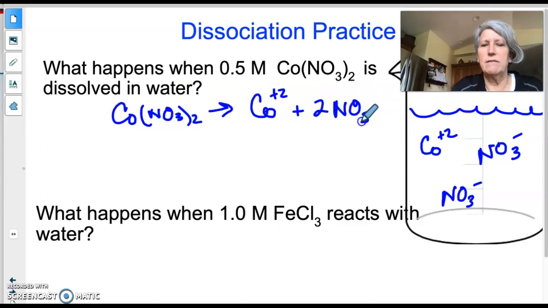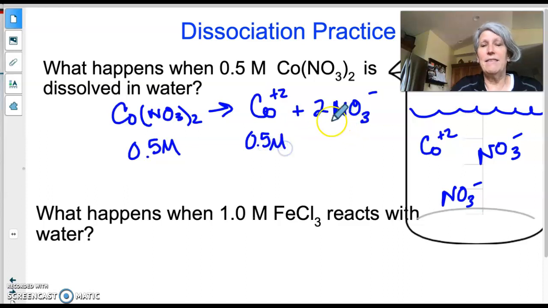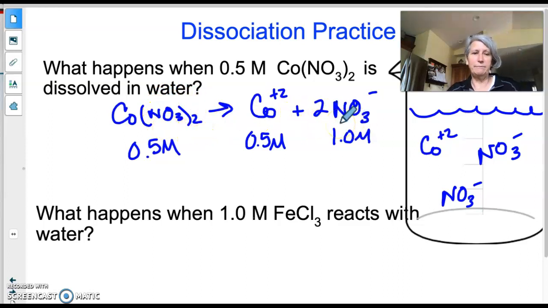Those are called nitrates. If this is 0.5 molar, that means the cobalt ion concentration is 0.5 molar. And the nitrate ion concentration is 1 molar. That's because for every one of these dissociating, 2 nitrates, as you can see here, are going to dissociate.